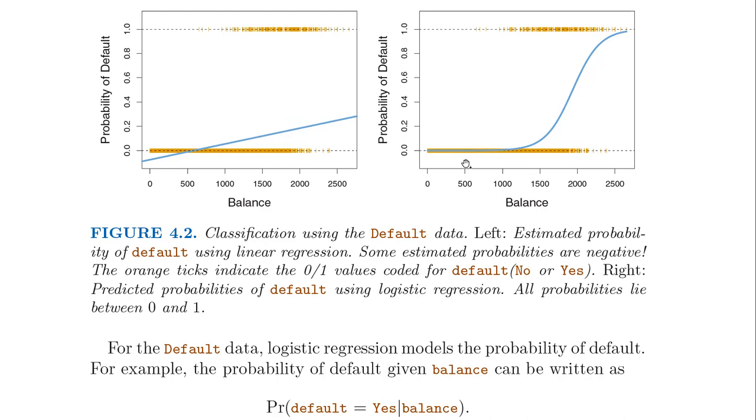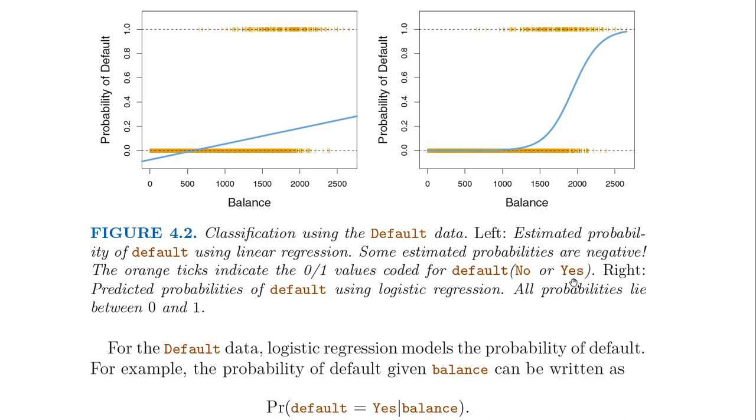At 500, increasing the balance to 501 doesn't really move the probability of default, but the curve is most sensitive where it is steepest, to differences between one person's balance and another person's balance. And again, for the time being we're just looking at a single variable. Very quickly, we'll try to see how to incorporate not just balance, but annual income, for instance.